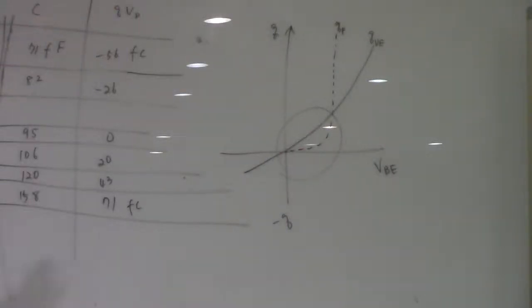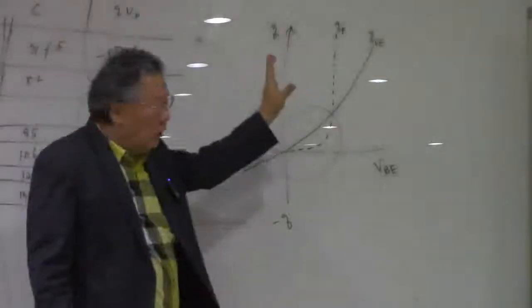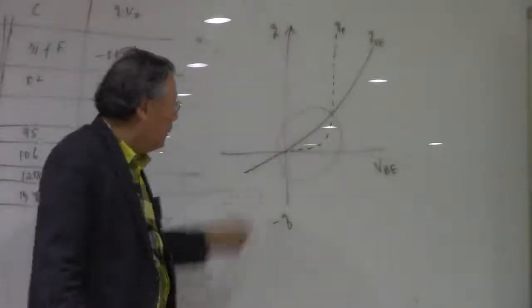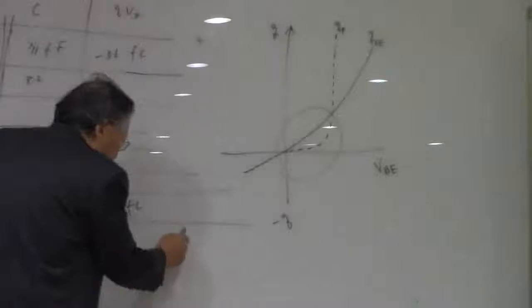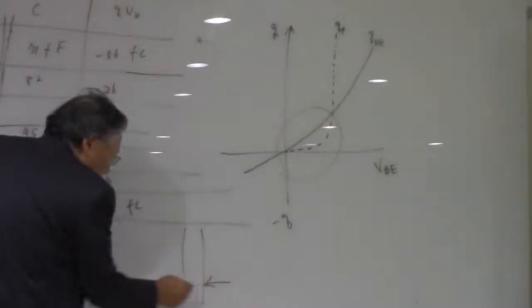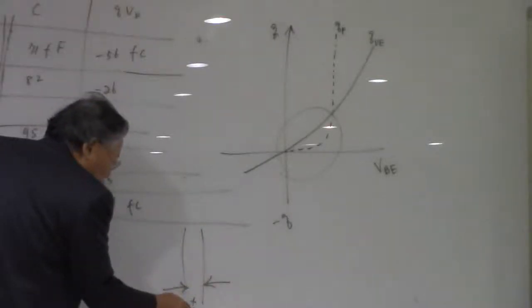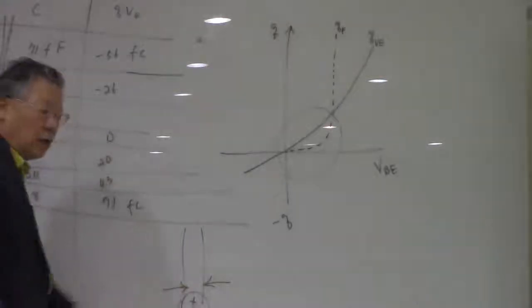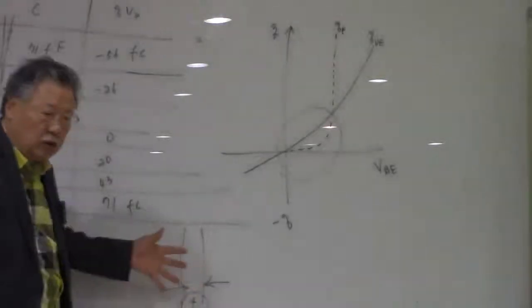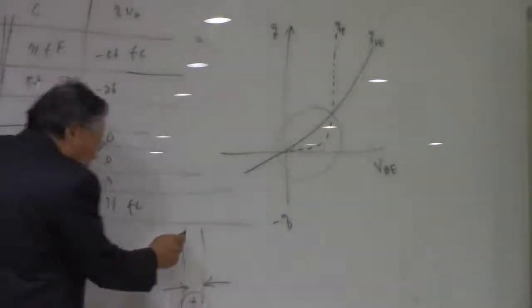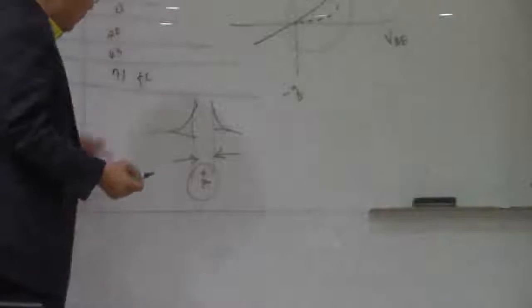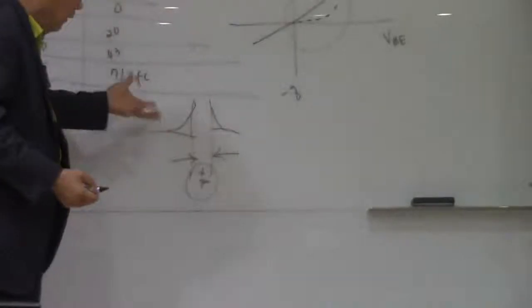It seems obvious, isn't it? It looks obvious because the space charge is modulated with the applied voltages, and the injected minority carriers are also modulated with the applied voltages.